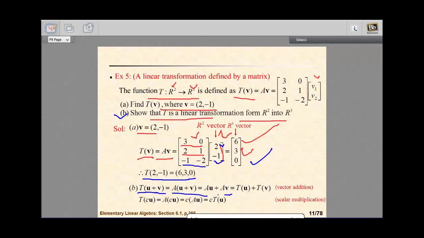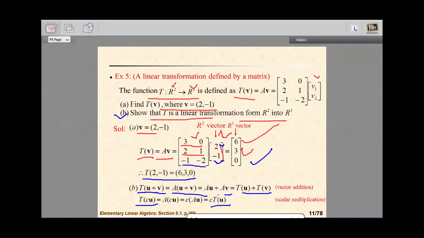So we will prove this first point, and the second point, transformation of cu will be equal to c times transformation of u. So these are the 2 points that we prove. That is called a linear transformation. So hopefully you understand the concept.